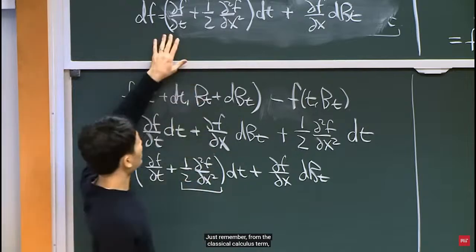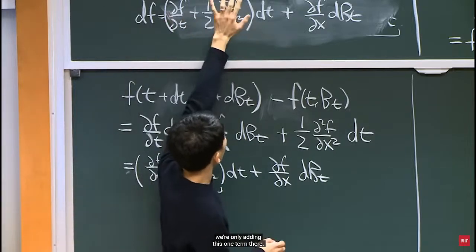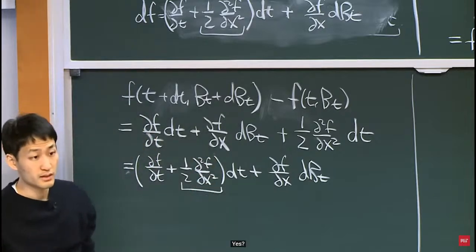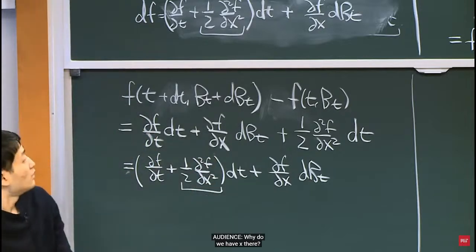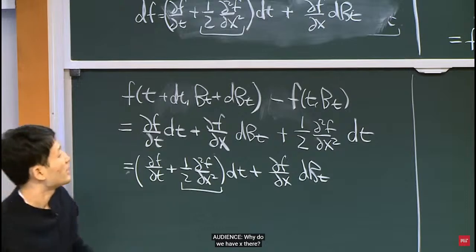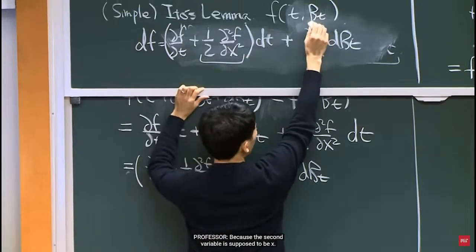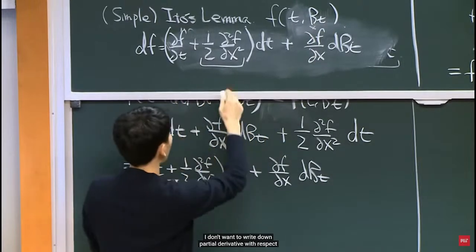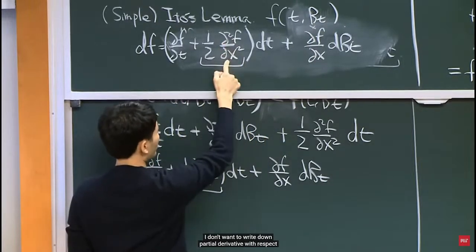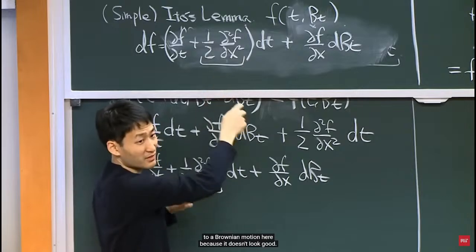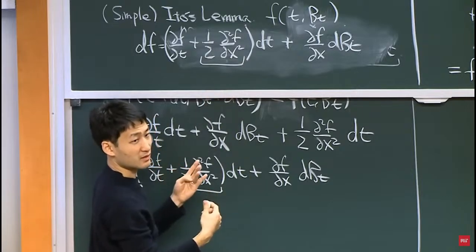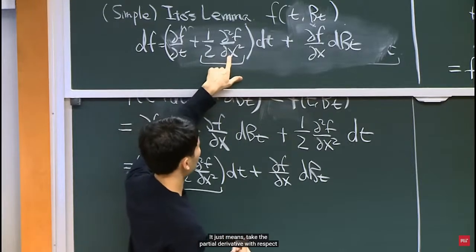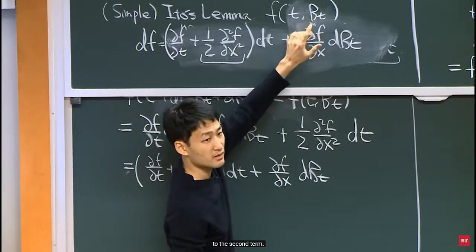Just remember, from the classical calculus term, we're only adding this one term there. Yes? Why do we have x there? It's because the second variable is supposed to be x, and I don't want to write down partial derivative with respect to a Brownian motion here because it doesn't look good. So it just means take the partial derivative with respect to the second term.